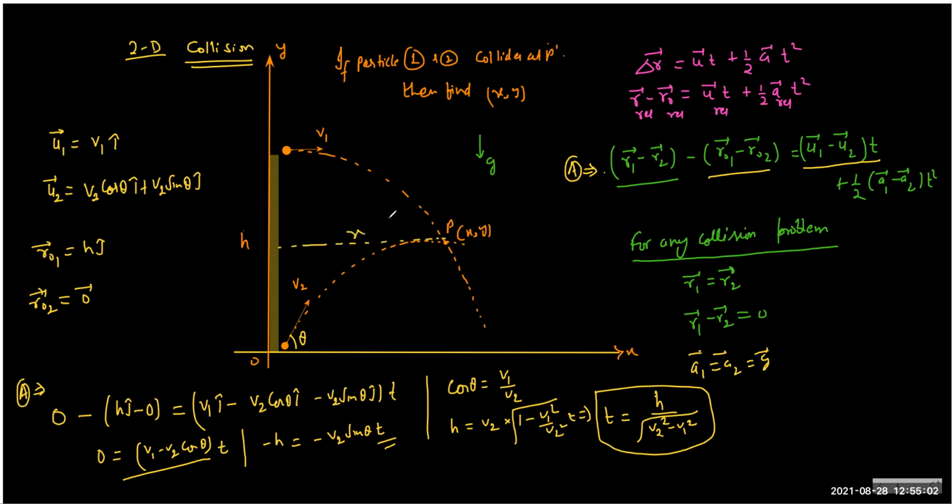So x is nothing but v1 t, or you can say v2 cos theta into t. It's the same thing. So just individually we can solve: v1 into h by under root of the answer also.